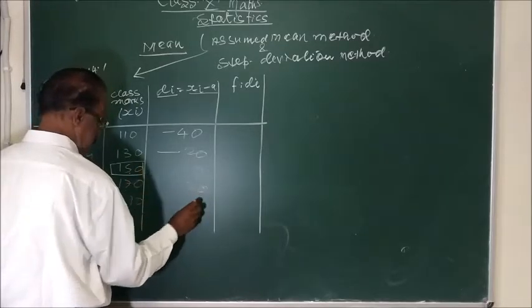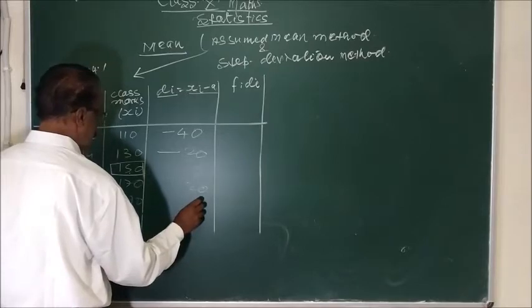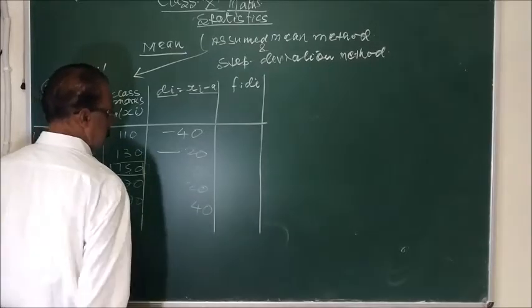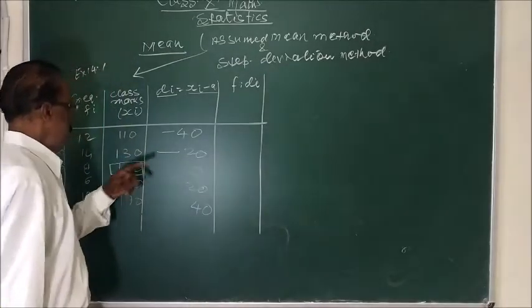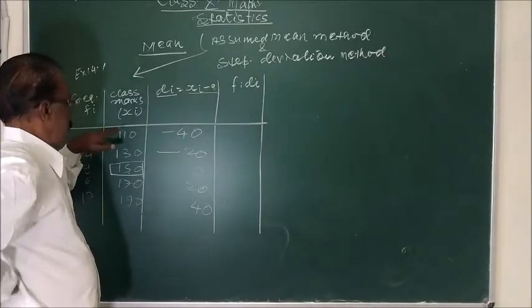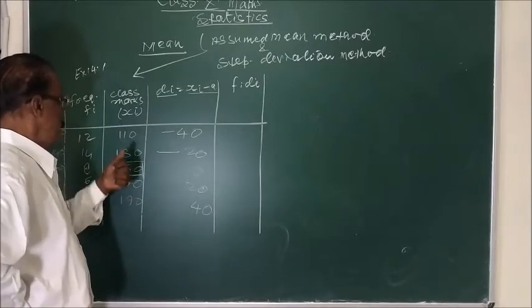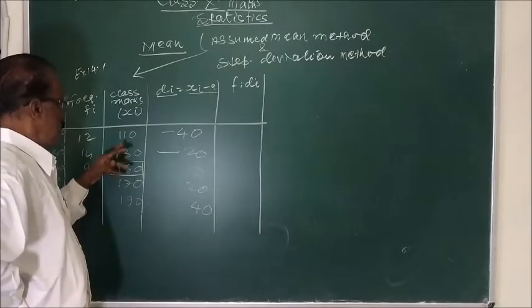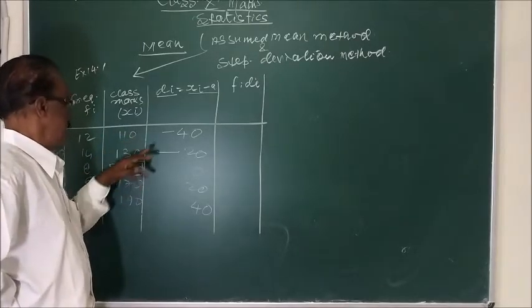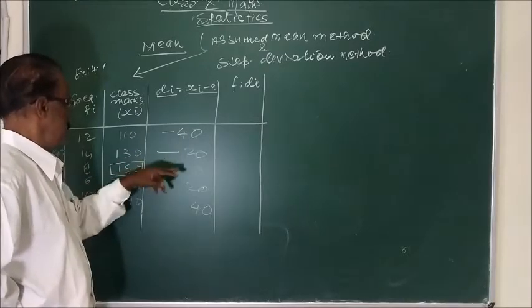This will be 20, and this will be 40. So di means deviation, the difference between xi and the assumed mean.